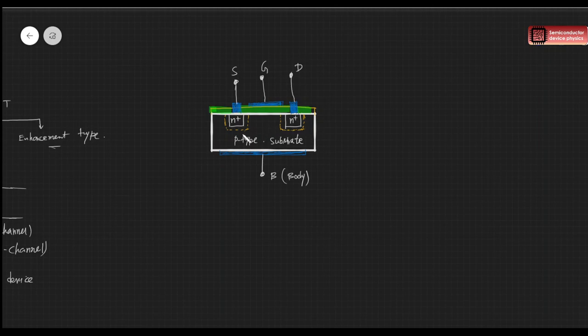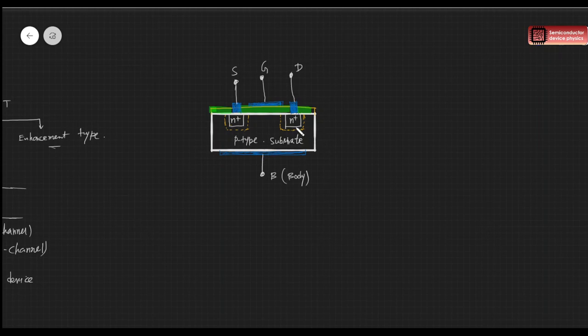This depletion layer's width is more towards the p-type substrate, because the p-type substrate is lightly doped and N plus is very heavily doped. So the depletion layer width inside the N plus layer is negligible, and we can neglect that width. We are just drawing the depletion layer only within the p-type substrate.